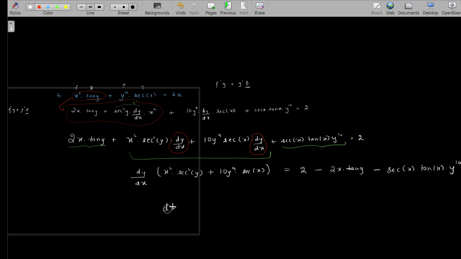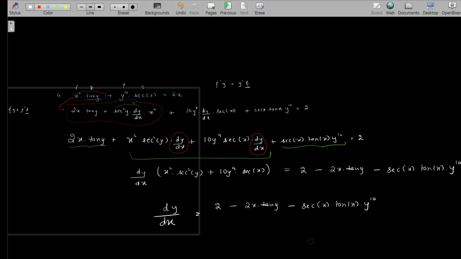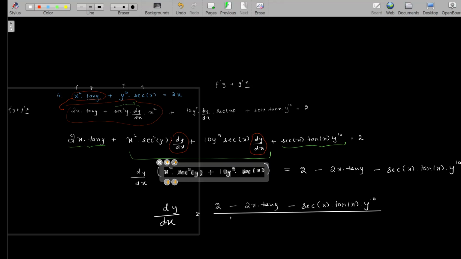And then what will be the value of dy over dx? dy over dx will be equal to 2 minus 2x times tan y minus secant x times tan x times y to the power of 10, divided by x squared times secant squared y plus 10y to the power of 9 times secant x.